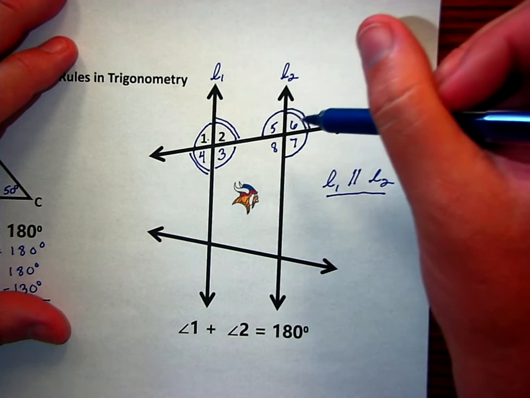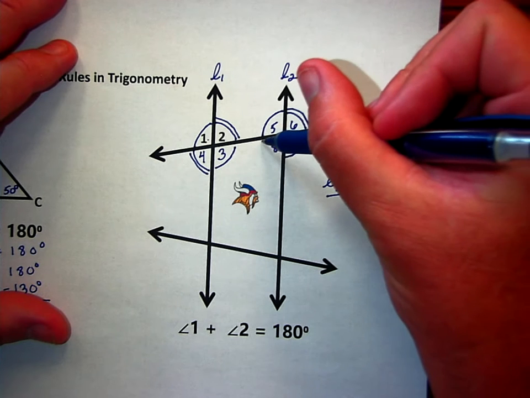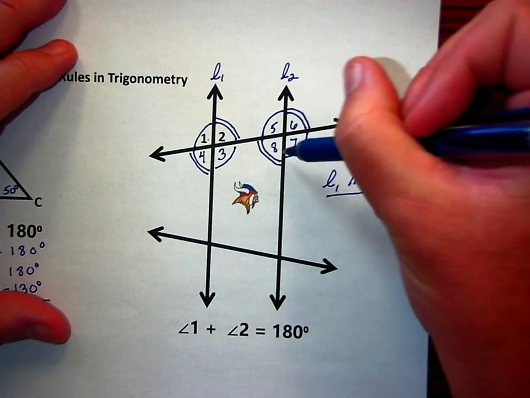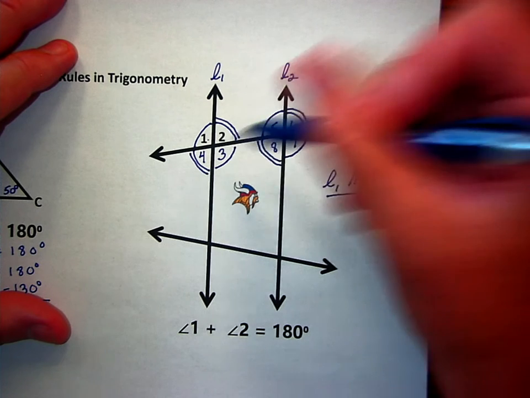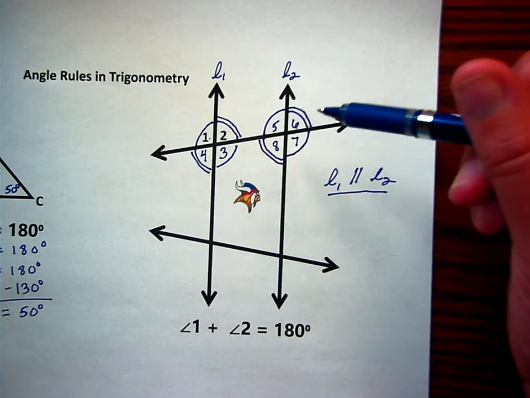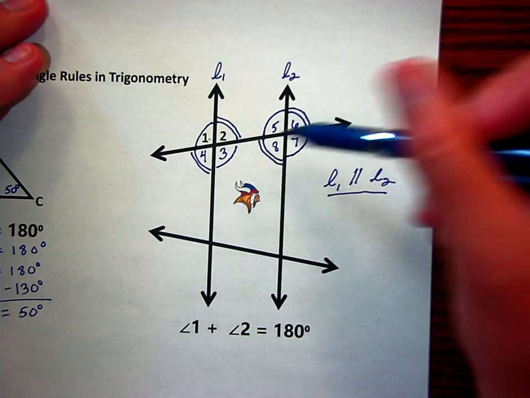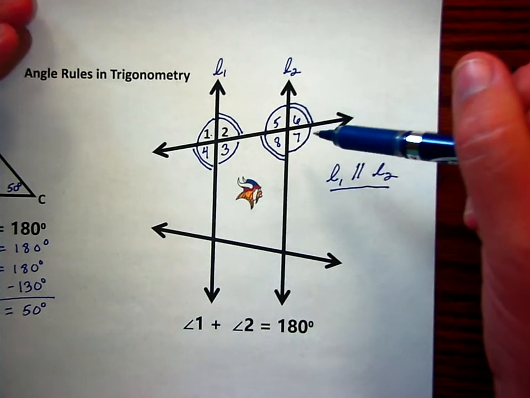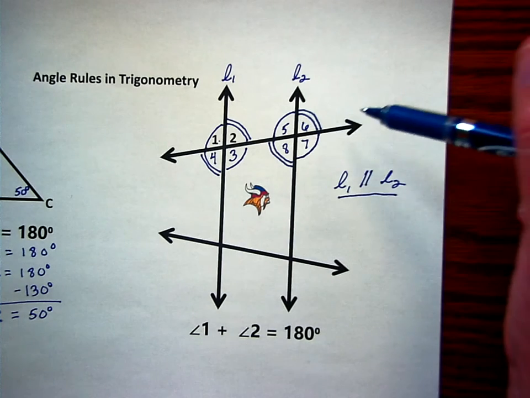They are also corresponding angles, and angle 8 is congruent to angle 6 and angle 2 and angle 4. So we have established a rule that gives us any of these angles, and all we have to do is know one of the angles.